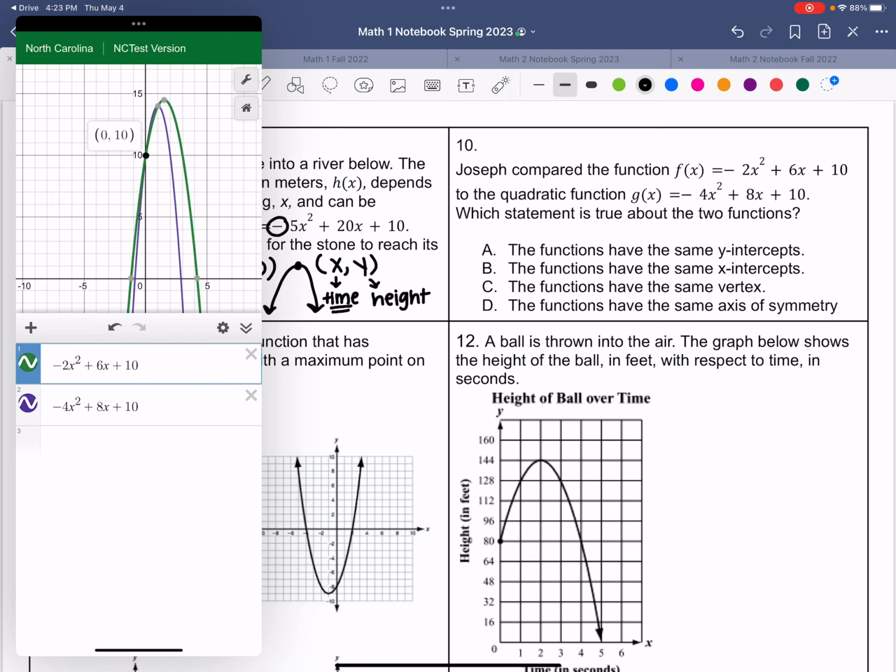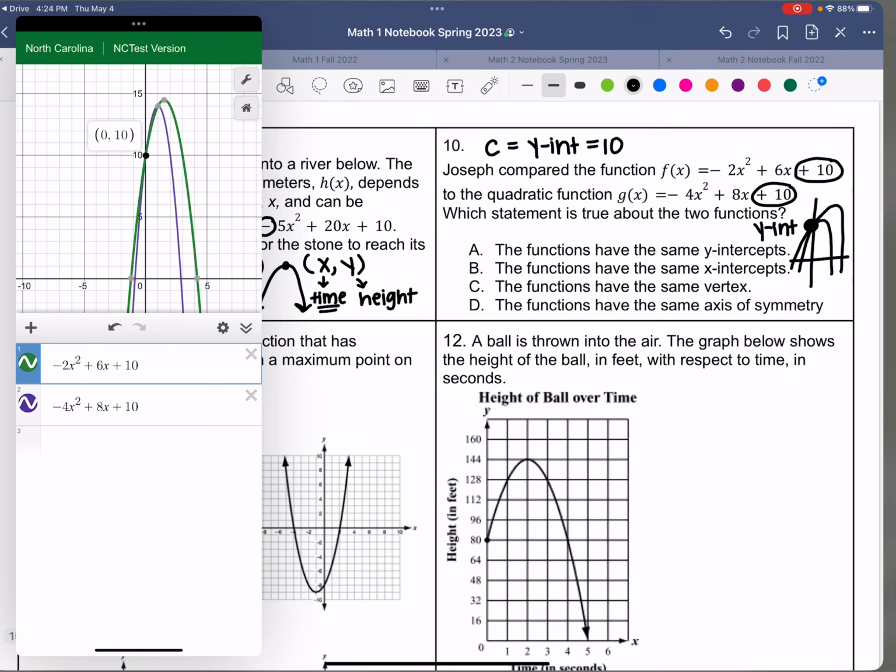Yeah, actually they do. So the only work you would need to show here is maybe just a sketch of the graph. So we have one, and then we have the other, and they share that same y-intercept. We could also tell that they share the same y-intercept because their c values are the same. C is the y-intercept. And here, for both of them, it's 10.